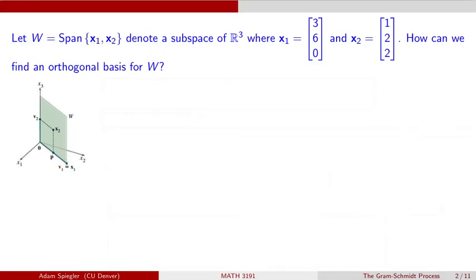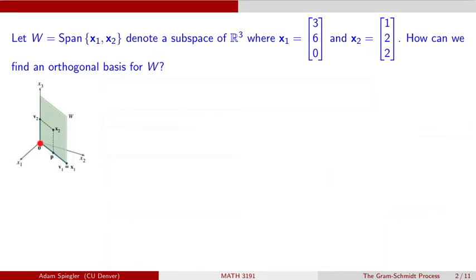And my second vector, x2, that is sitting right here. So this is the vector which is going 1 unit in the x1 direction, 2 units in the x2 direction, and then 2 units up. And so this vector x2 and x1, the angle between them is not a right angle. So these two vectors are not orthogonal to each other, but they span this subspace W.